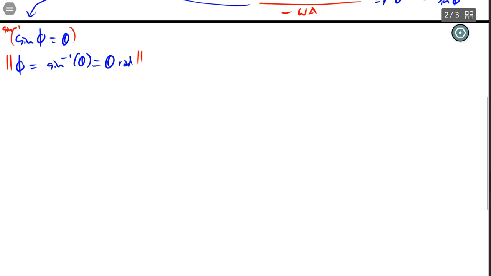And we're going to solve for the time when the speed is 0.30 meters per second.